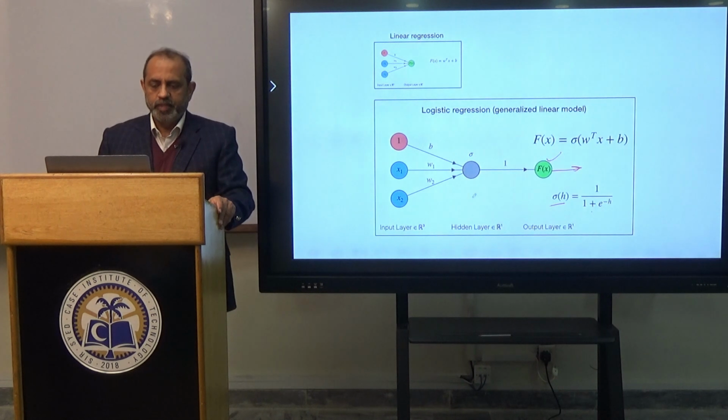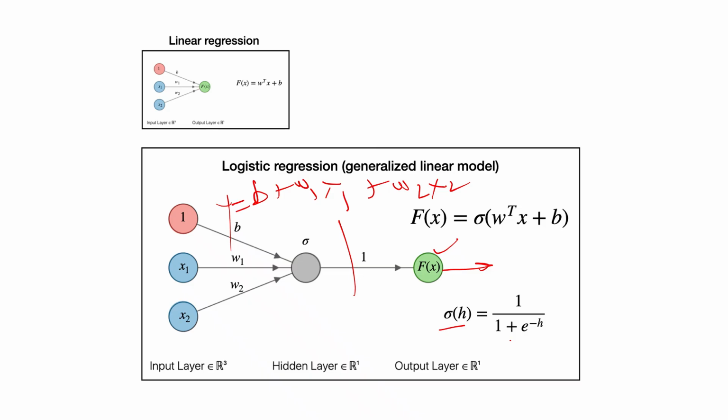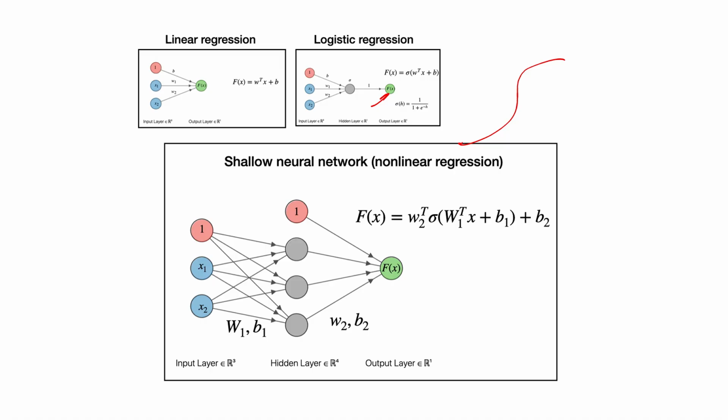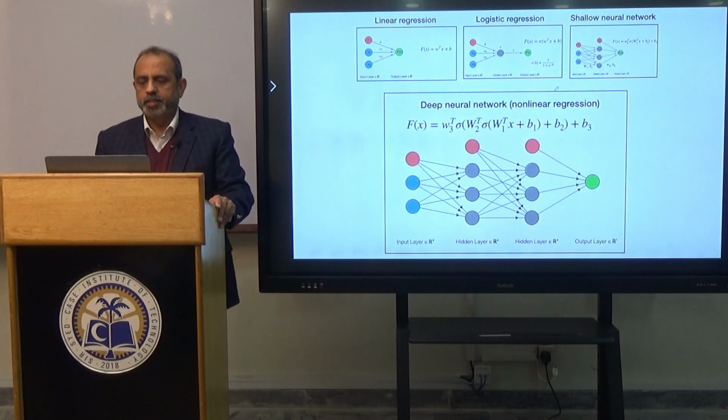If linear regression means that you have just up to here, you are just multiplying; b plus w1 feature 1 plus w2 feature 2 is the equation of a plane. So it's a linear regression, right? As you put in this nonlinearity, it becomes a logistic regression, curved like this.